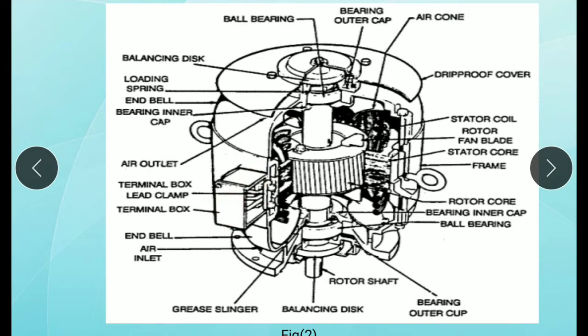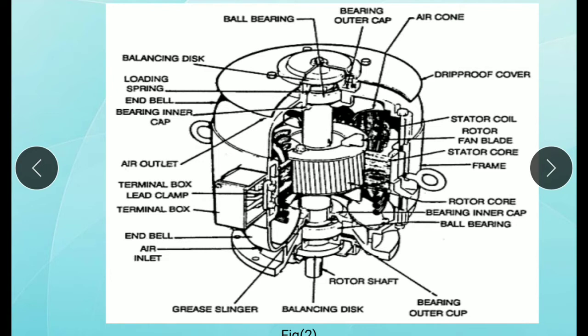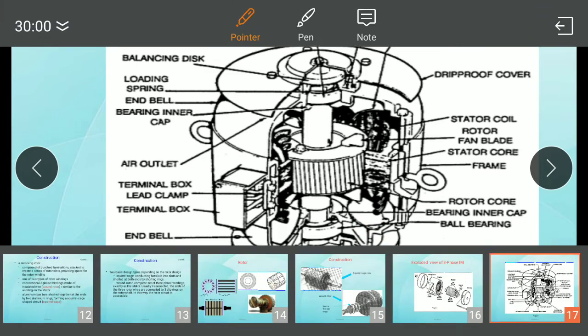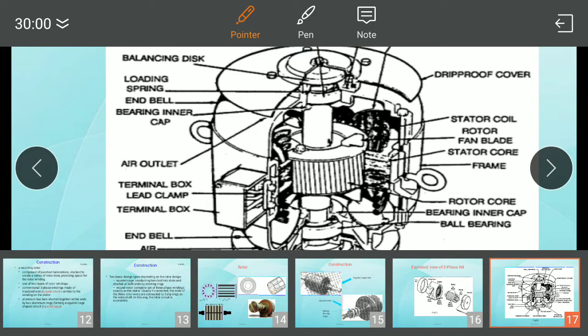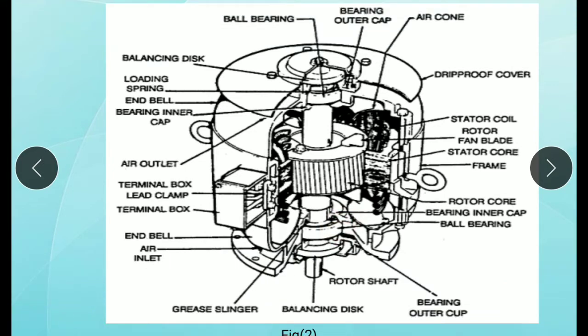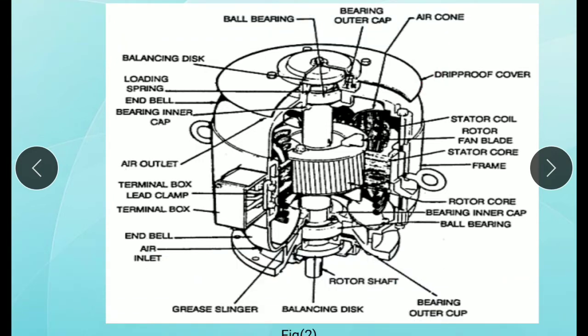This is the clamp, end bell, air inlet, rotor shaft, grease nipple, and balancing disc, bearing outer cap, rotor core, bearing inner cap, ball bearing, and frame. This is the frame, stator core, rotor, fan blades, stator coil, drip roof cover, air cone.